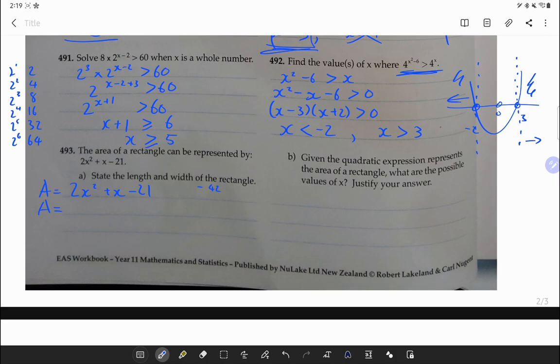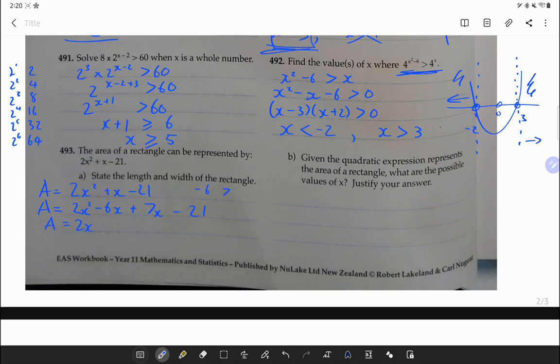So, two numbers that multiply to -42, but add up to +1. That is a -6 and a 7. So rewriting the x in the middle as that. Boom, boom.